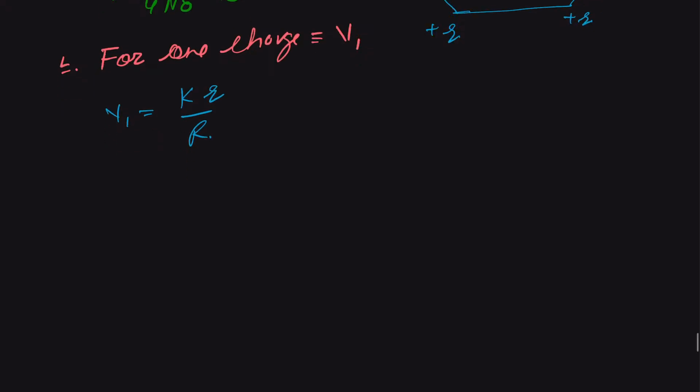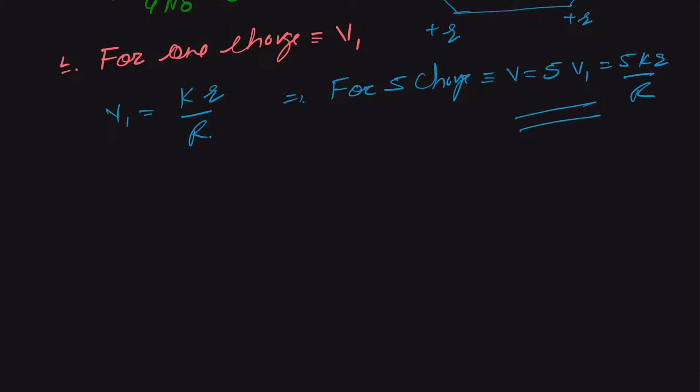And from here we can easily find out for 5 charges, let us suppose our V will be equal to 5 times V1. So this gives us 5k q upon r. So this is the potential because of the 5 charges.